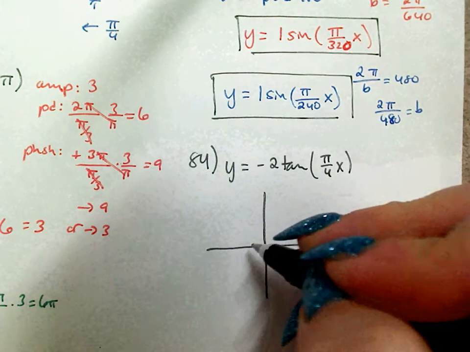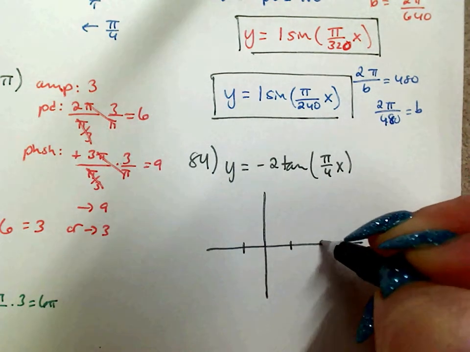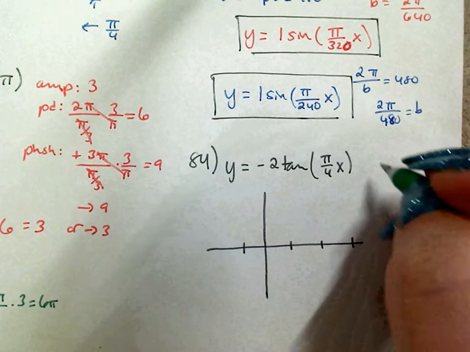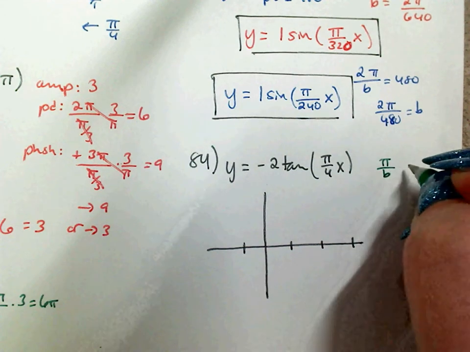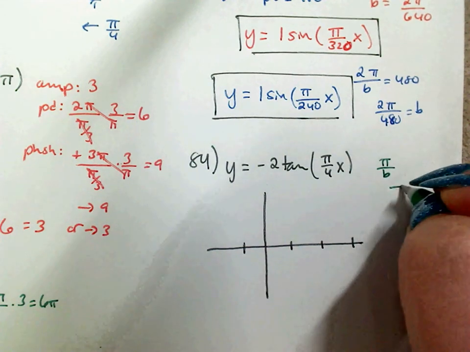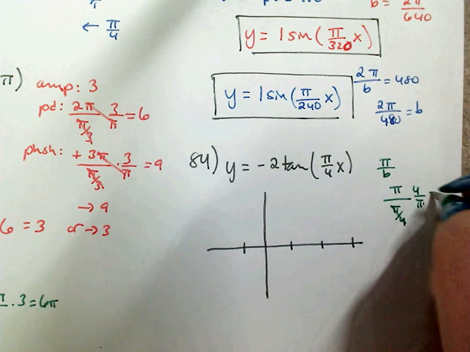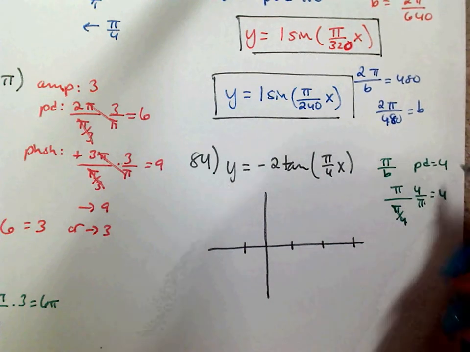So tangent is the one where you split the period across the y-axis. So if I think of this, period is pi over b, or pi over pi over 4, which means multiply by 4 over pi, then the period is going to be just 4.